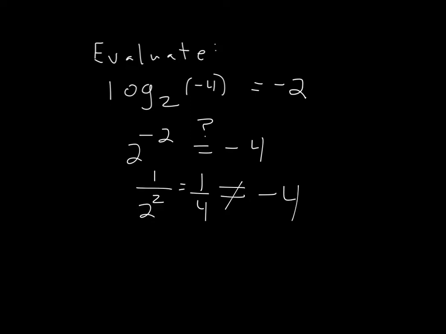What I'm getting at is that there is nothing you could put here in the whole world that 2 to any power would give you a negative number as your answer, because negative exponents don't make negative numbers, they make fractions that become positive numbers. So this problem has no solution.